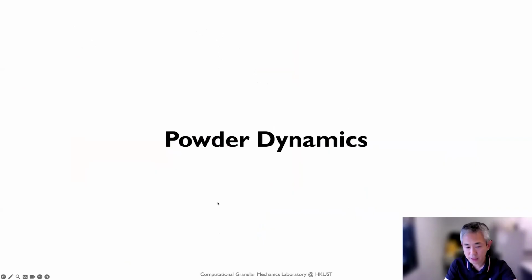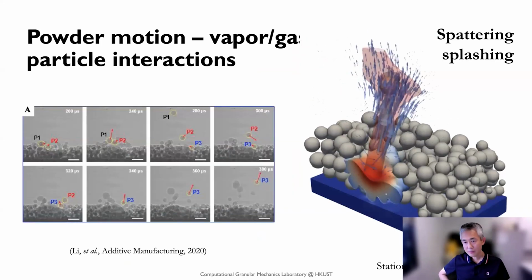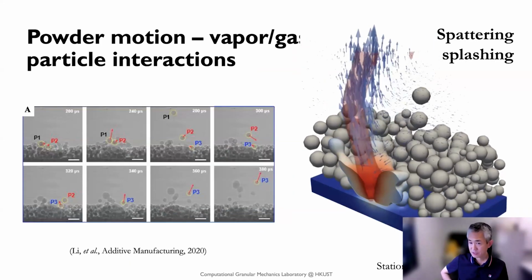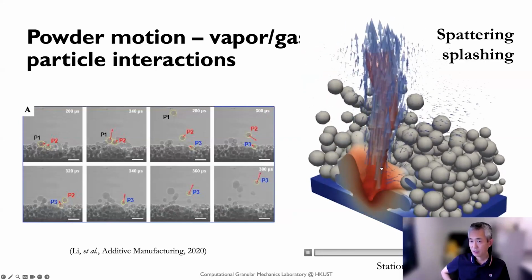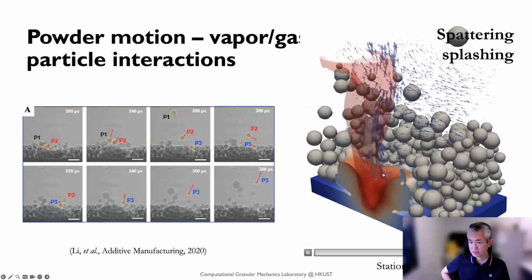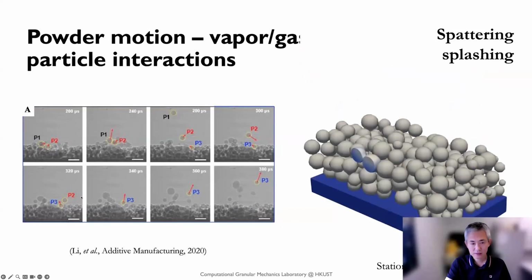One would be this powder dynamics. As I mentioned, the high-speed vapor escaping from this keyhole can generate very high momentum, and this momentum will drive the surrounding particles and generate this spattering. These are other experimental observations, where particles are ejected away in this spattering and splashing way.